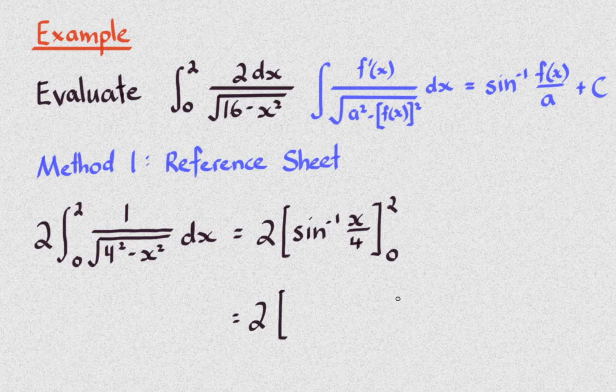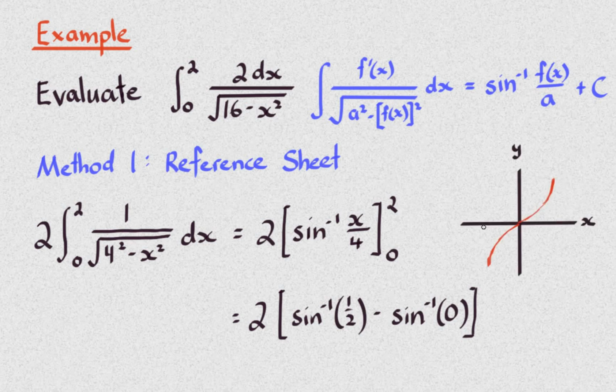First of all, when we substitute in 2, 2 over 4 simplifies to a half. And when we substitute in 0, we just get 0. Now I encourage you to actually visualize the inverse sine graph when you need to evaluate expressions like this.